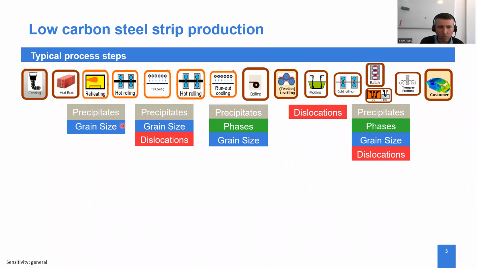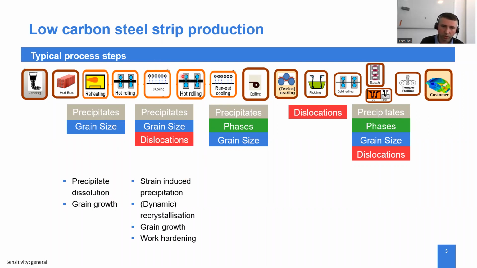If we list all the different phenomena that are happening, we have precipitate dissolution, grain growth, and then during the rolling in the austenitic stage, we can have strain-induced precipitation. We'll have recrystallisation, which can also be dynamic or metadynamic, again grain growth. And because of the rolling, lots of work hardening happening. Then when we're cooling, the phase transformation becomes important, but also precipitation and ferrite can happen.